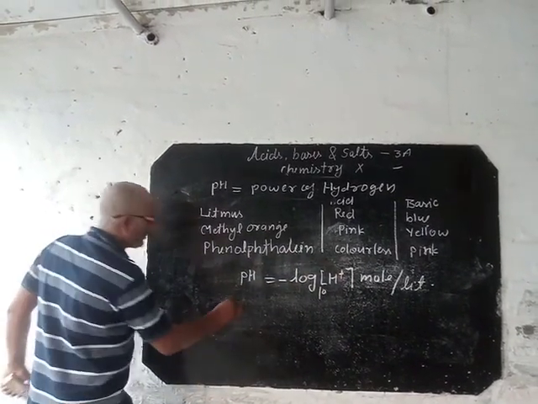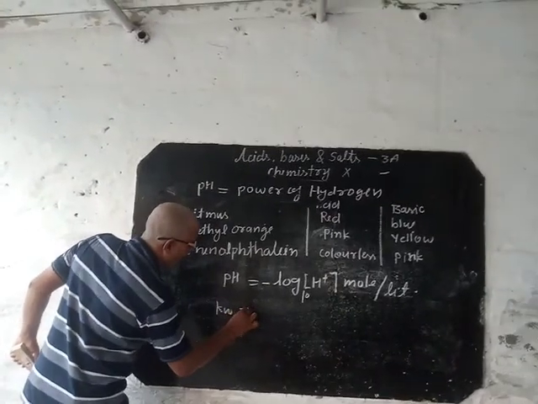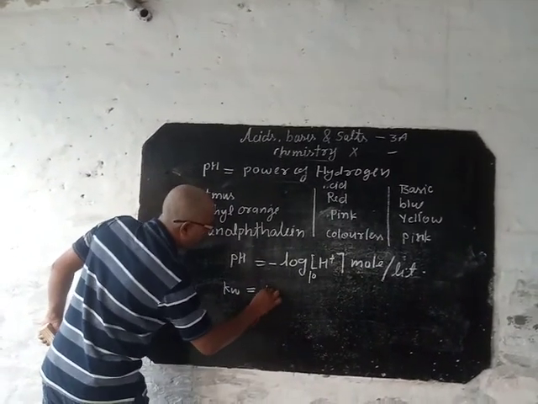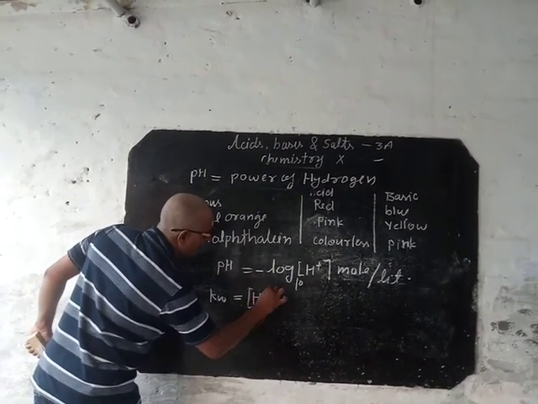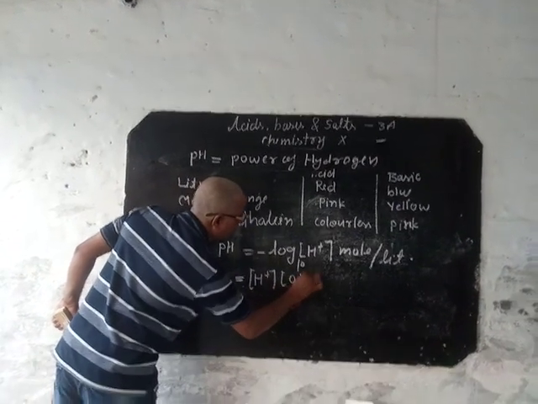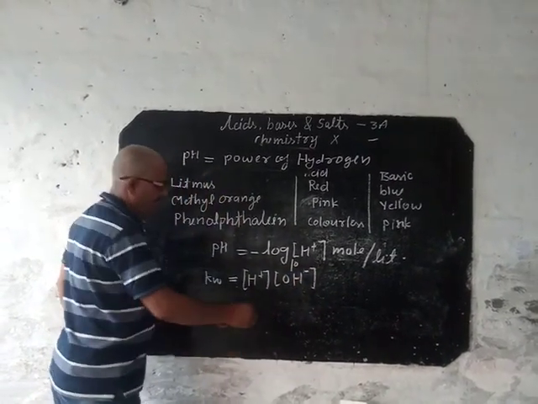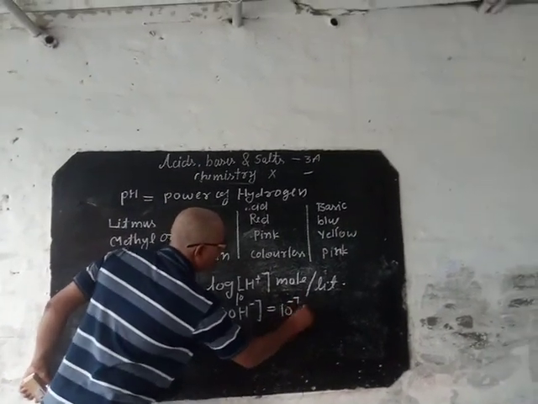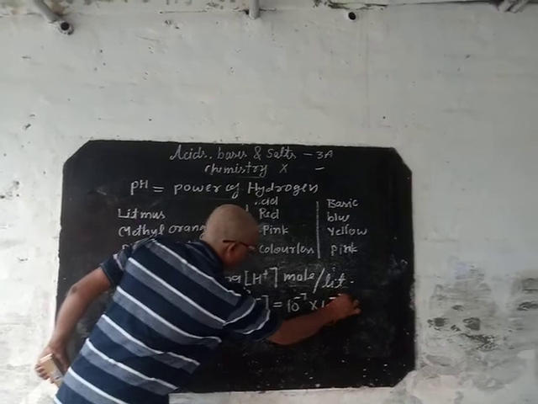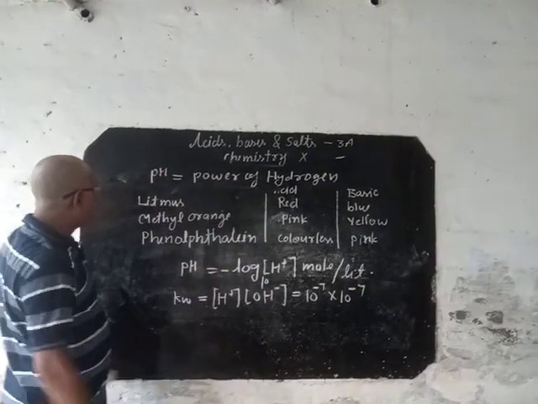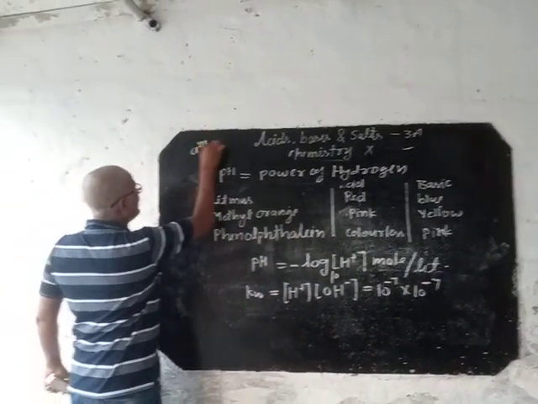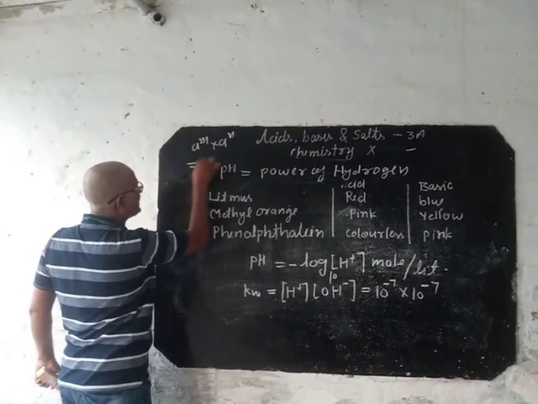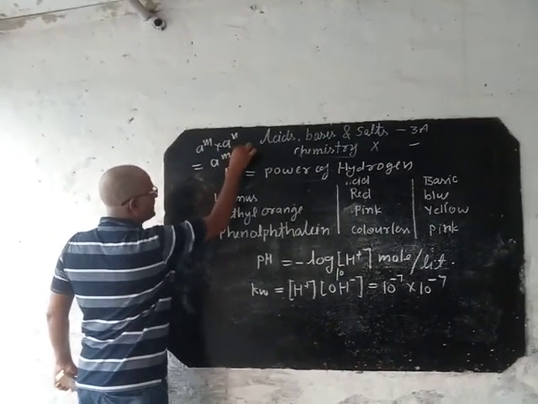Now the product of that is Kw, the ionic product: hydrogen ion concentration and OH ion concentration is equal to 10 to the power minus 7 into 10 to the power minus 7. In mathematics you already know that a to the power m into a to the power n means a to the power m plus n.